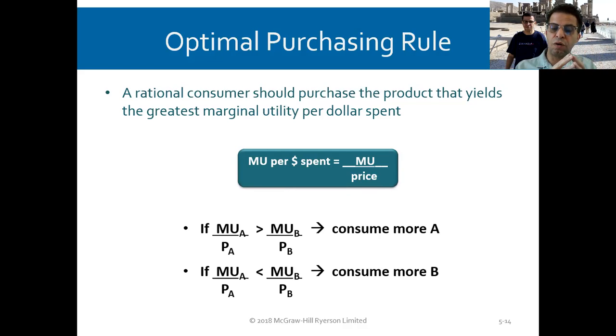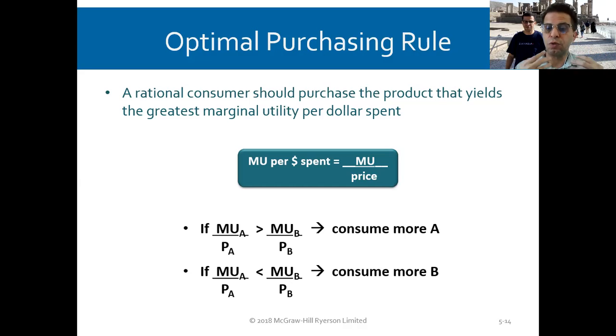If MU of A product divided by price of A product is higher than MU of B product divided by the price of B product, definitely you're going to buy and consume more A. If MU of A divided by the price of A is less than the marginal utility of B divided by the price of B, then definitely you will buy or consume more B. And this is how we do rationalized purchasing.